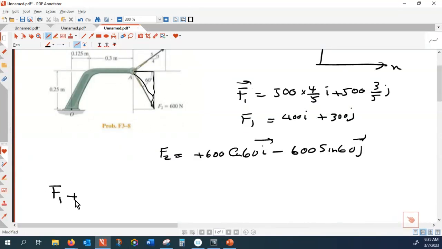F1 plus F2, that is 400 plus cos 60 is half, is it?